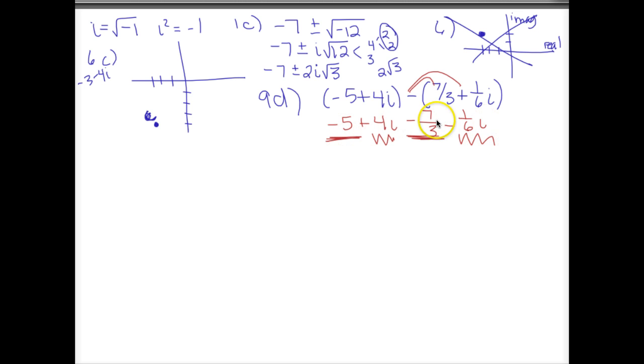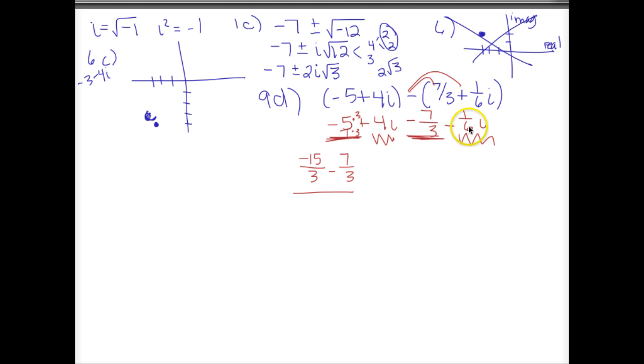Because these second ones have fractions, that means you need a common denominator. So right now, this is -5/1. If I want that to become a 3 in the bottom, that means I multiply the bottom by 3 and I multiply the top by 3. So that's -15/3 minus 7/3 that I have for my real parts.